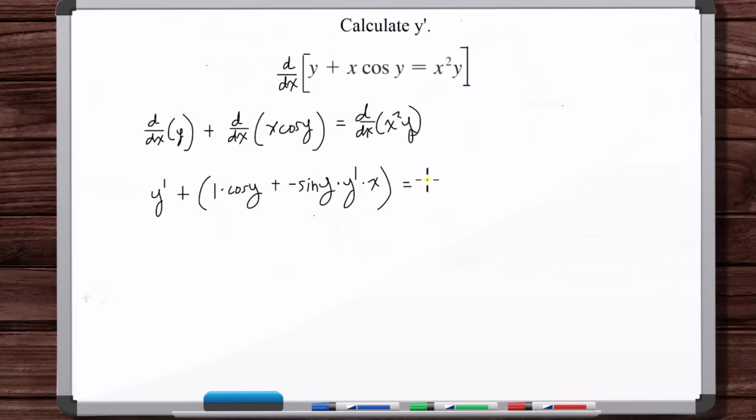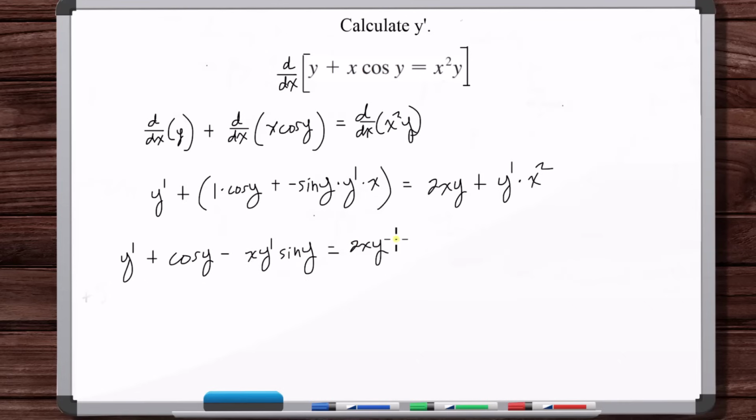Okay. Now here, product rule again. Derivative of the first, 2x, times the second, plus derivative of the second, y prime, times the first. There we go. So now let's just solve for y prime. Let's bring all of the y prime terms to one side.